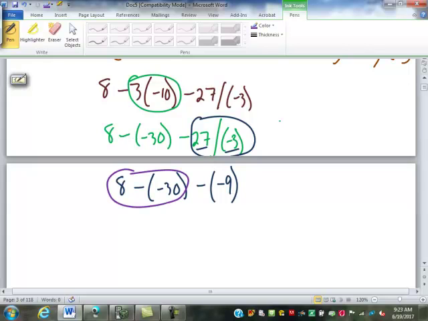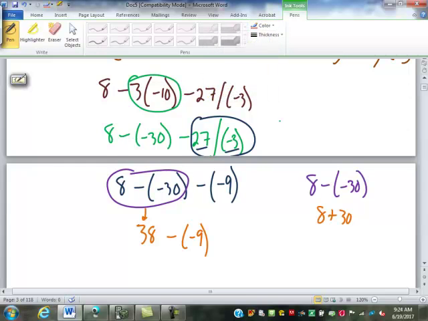I'm going to do my addition and subtraction left to right. 8 minus negative 30 is the same as 8 plus 30, which is 38.